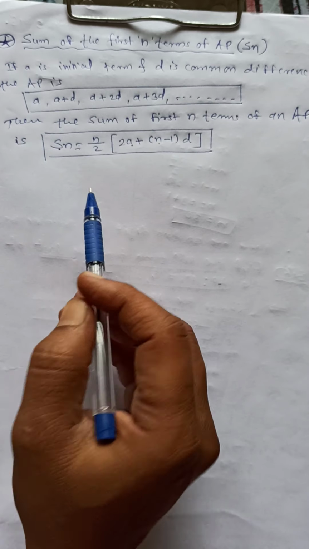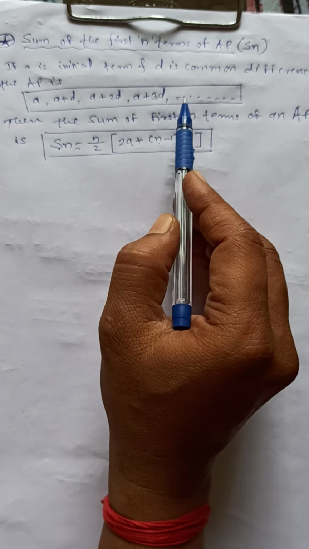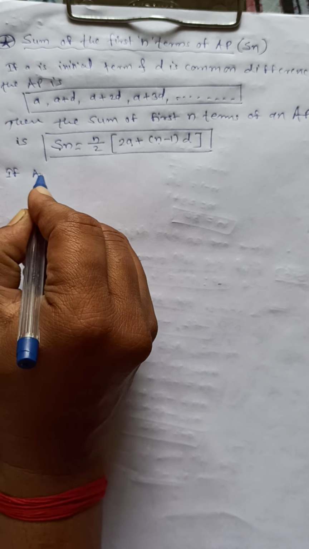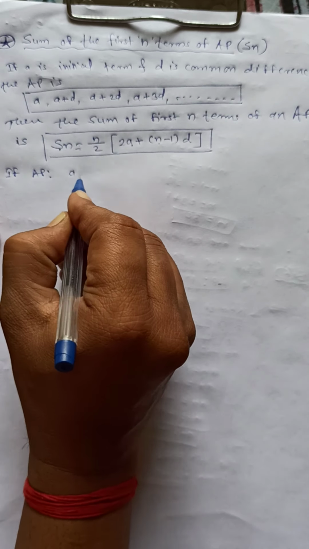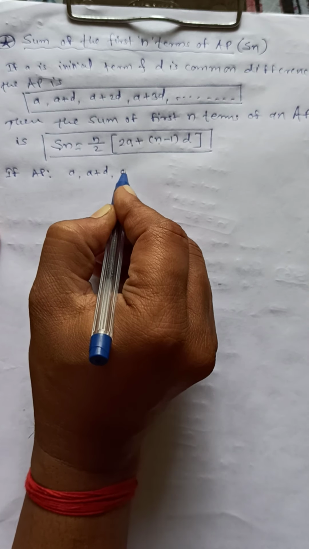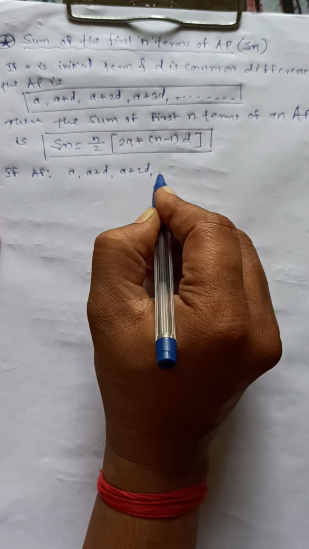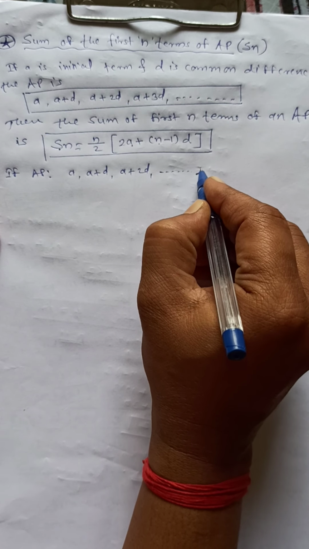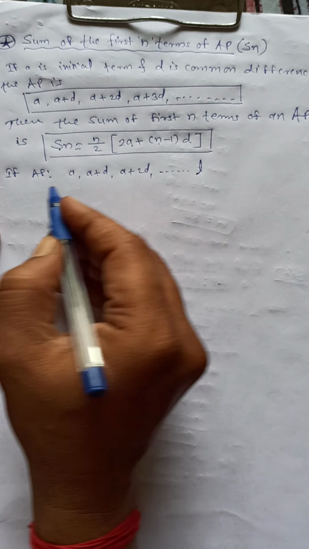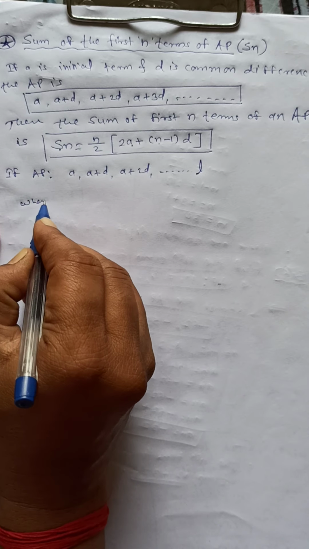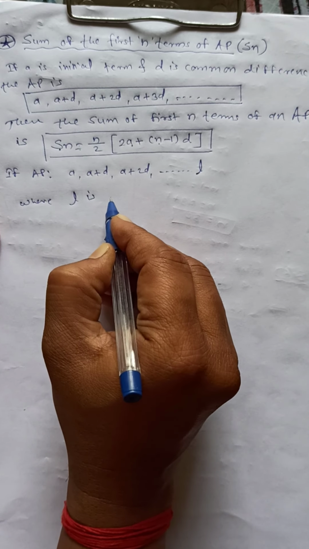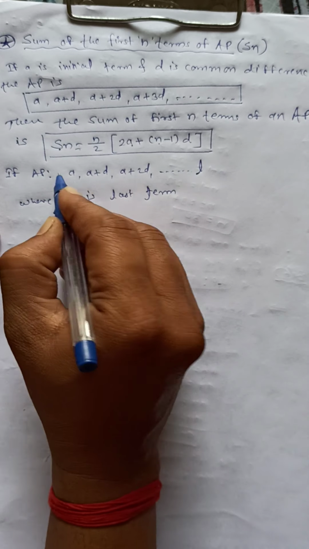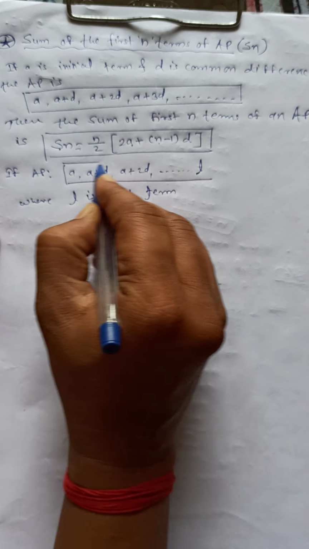Now if the AP is an infinite one, suppose the AP is a finite AP like this, A, A plus D, A plus 2D, and dots, A plus ND, the last term just denoted by L, where L is the last term.